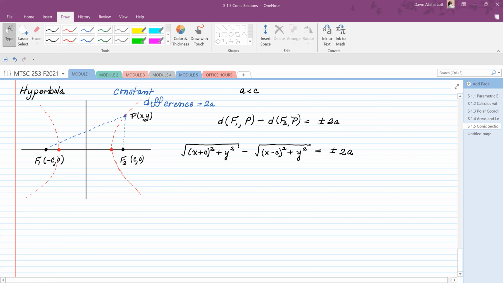And when I'm done, I get x squared over a squared. This time I'm going to get plus y squared, same thing, over a squared minus c squared is equal to 1. But now we have to remember the fact that a squared is less than c squared.